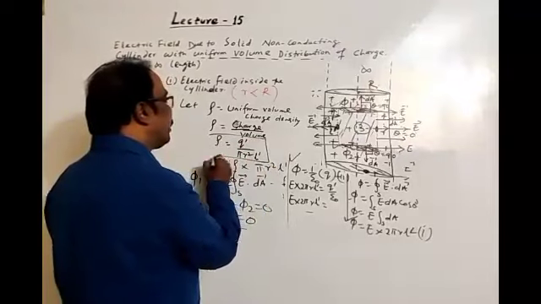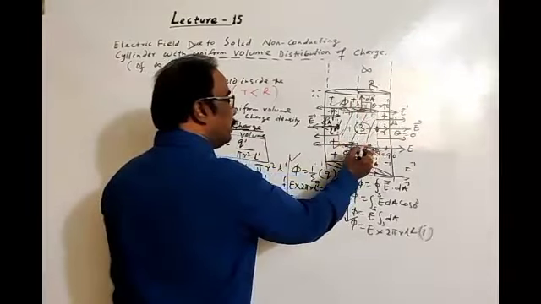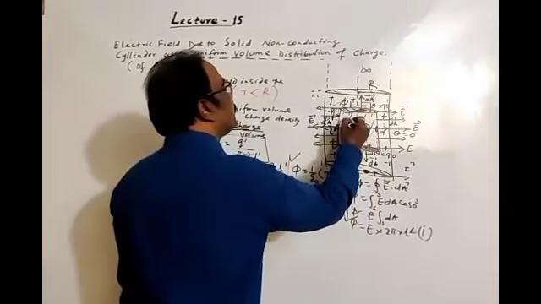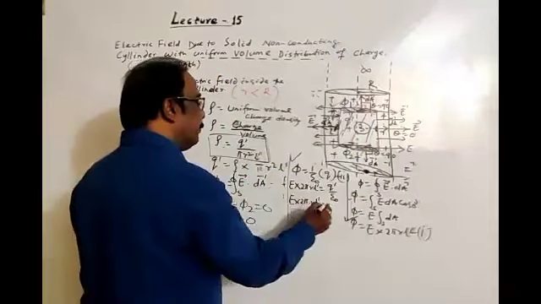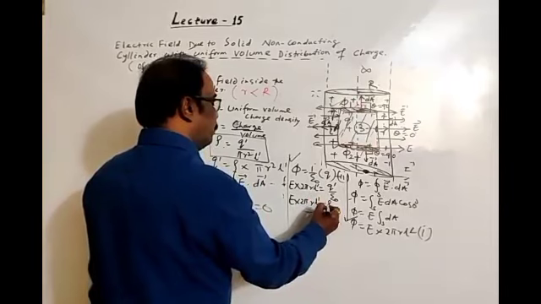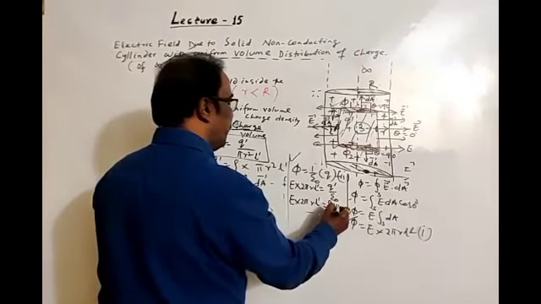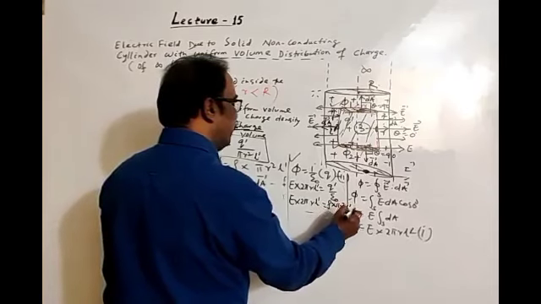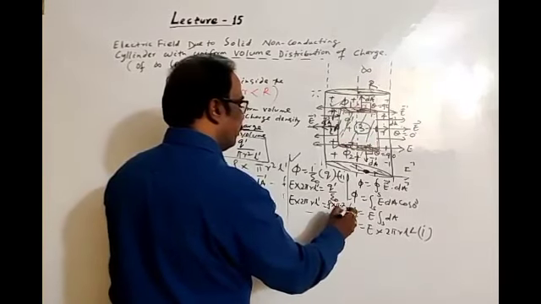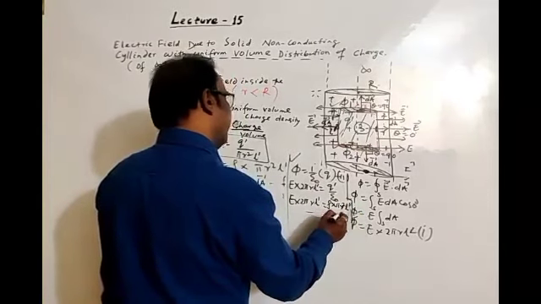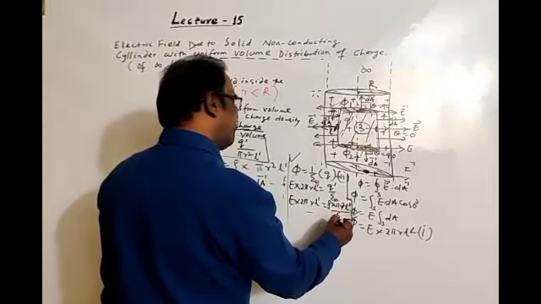From this you can get Q dash, the charge enclosed by this imaginary Gaussian surface. Total charge is Q dash, then Q dash will be rho, the volume charge density, into pi R square L dash, divided by epsilon naught.